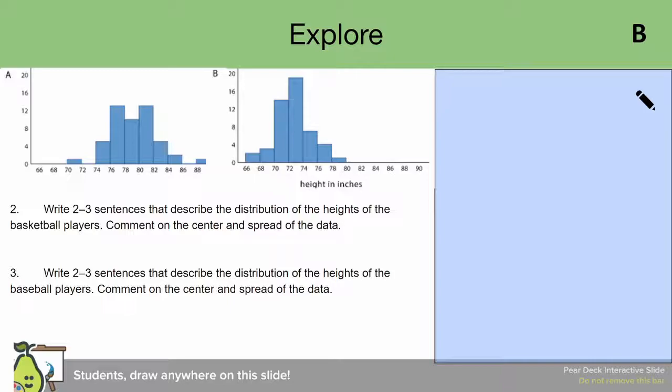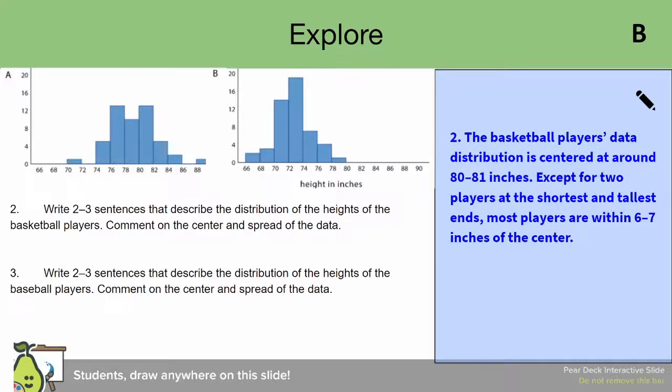Okay, so we said that histogram A is referring to the basketball players. If you said the basketball players' data distribution is centered at around 80 to 81 inches, except for the two players at the shortest and tallest ends, because most players are within 6 to 7 inches of the center, you are correct.